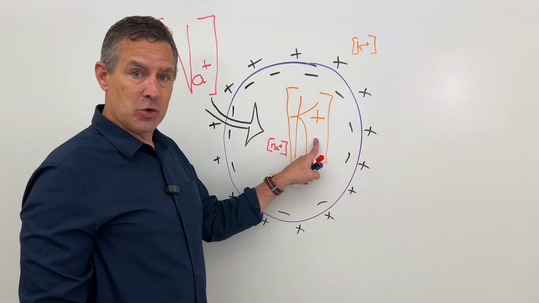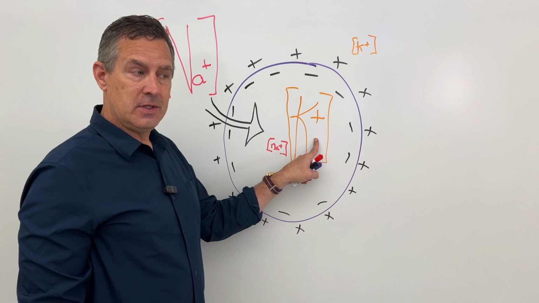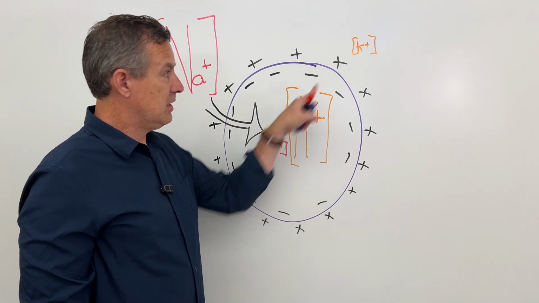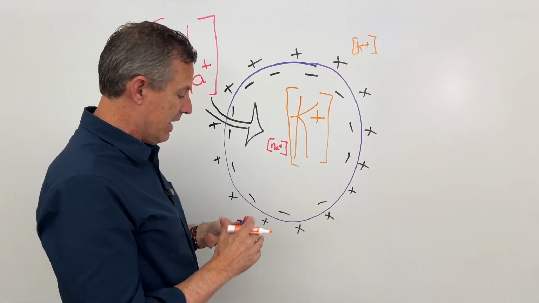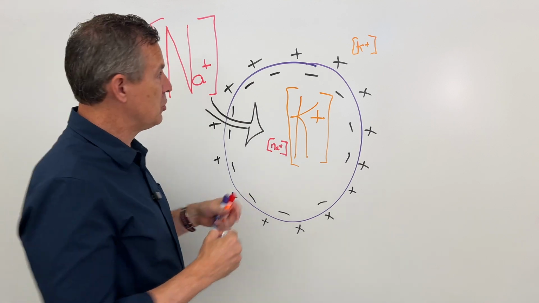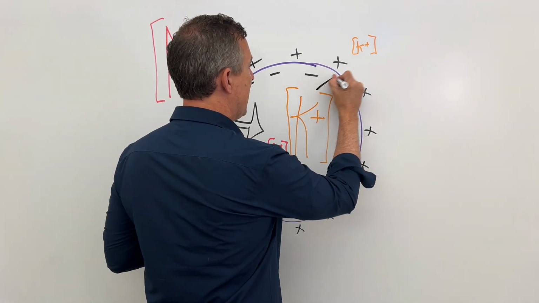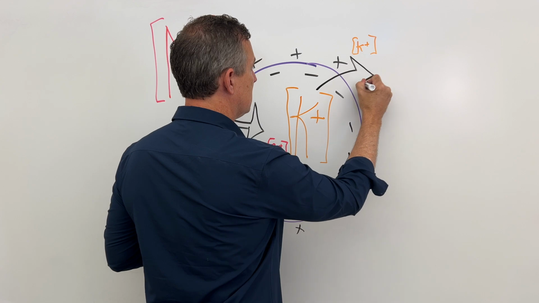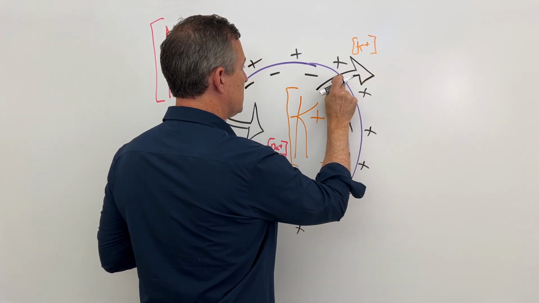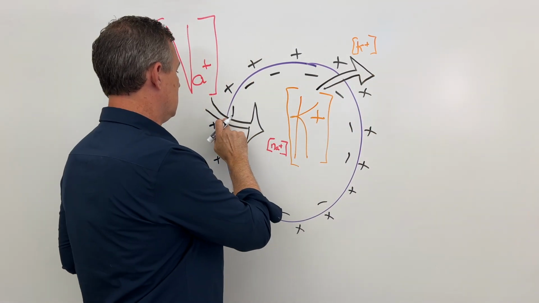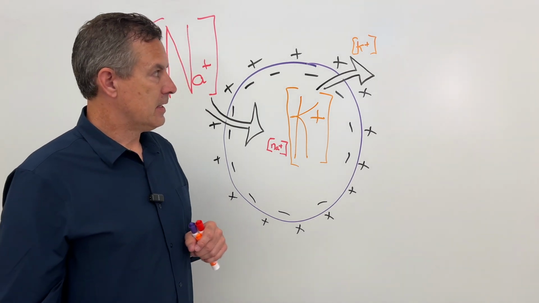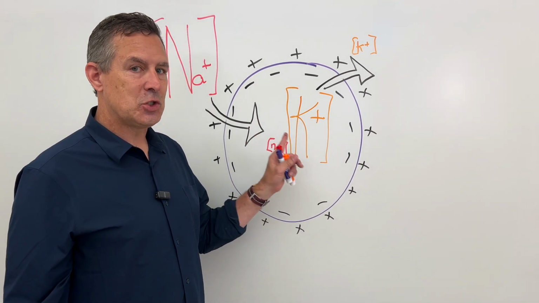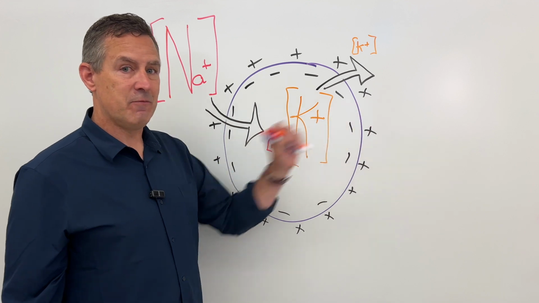Potassium has a chemical gradient, as we displayed previously, to leave the cell down its chemical gradient. It's going to move passively out of the cell. But it does not have an electrical gradient favoring it to leave the cell.